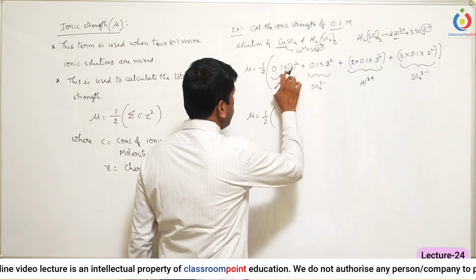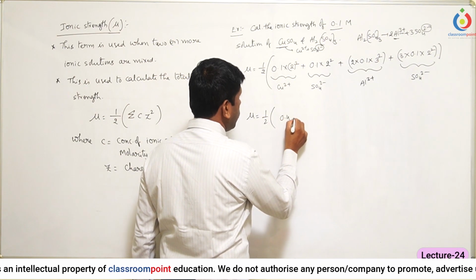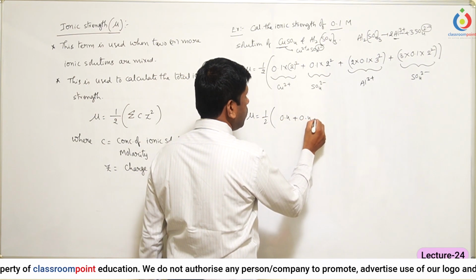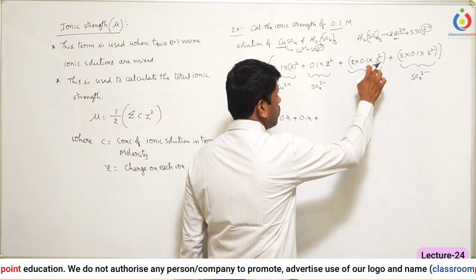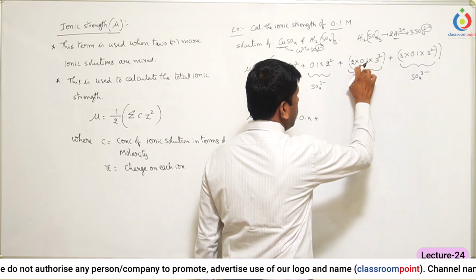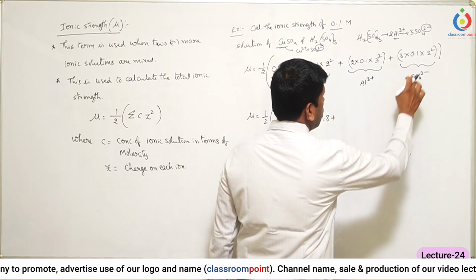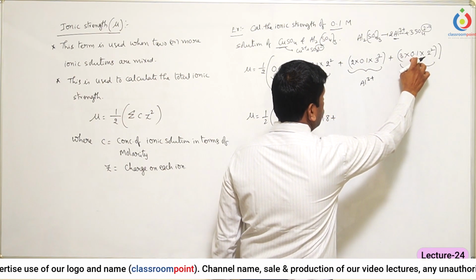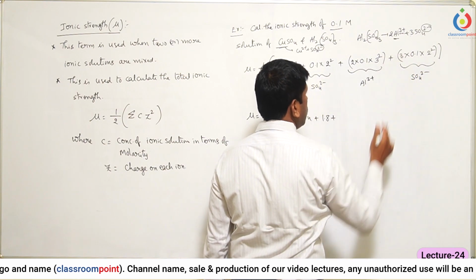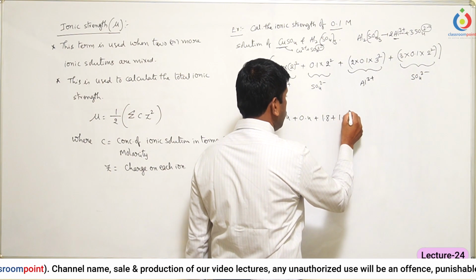So here this is 4 into 0.1, 0.4, here also 0.4, and here it is equals to 9, 0.9, 2 into 0.9, 1.8, plus here it is 4, 0.4 into 3, it is 1.2.